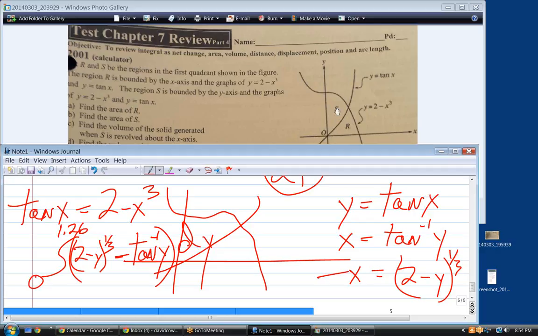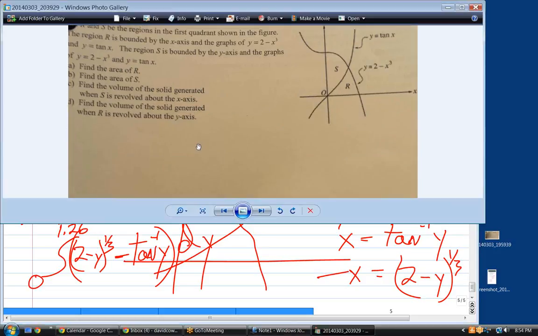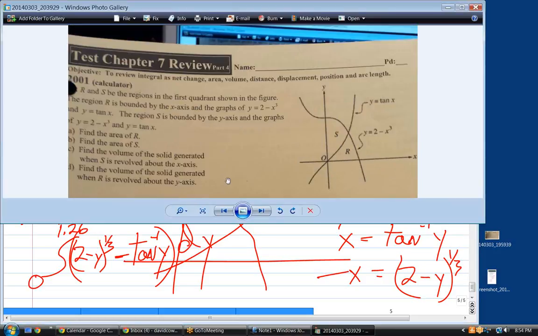Exactly. Every part in here is this function minus that function. So we would integrate it from 0 to the x coordinate of that. Yep. Okay. Find the volume of the solid generated when S is revolved about the x-axis.